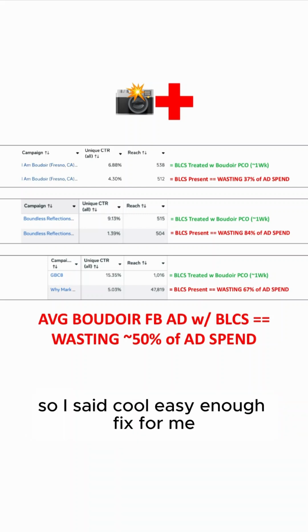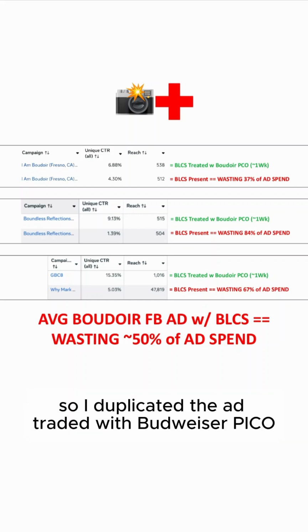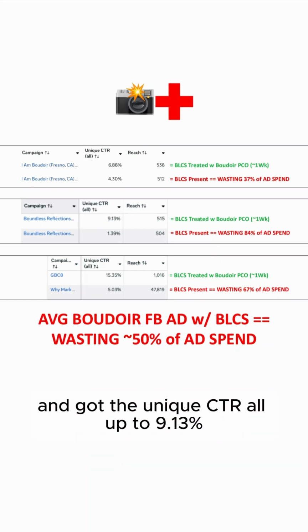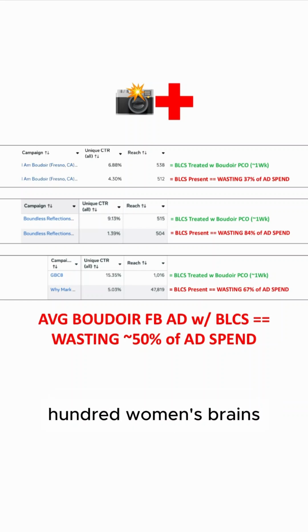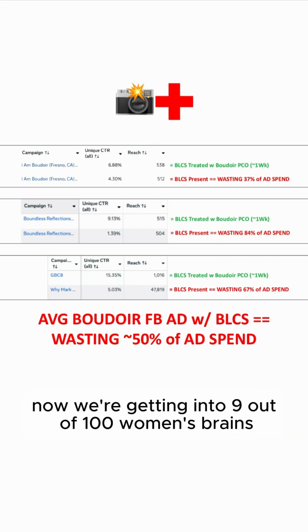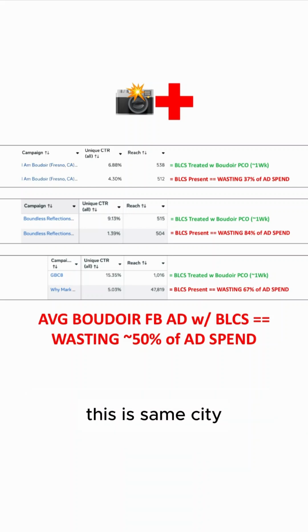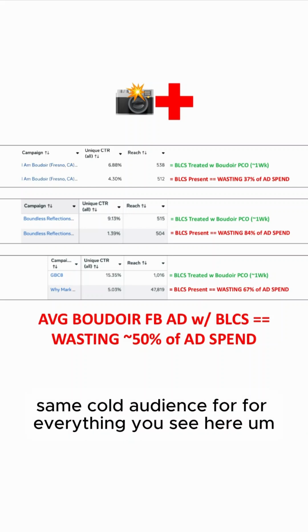I said, cool, easy enough fix for me. So I duplicated the ad, treated it with Boudoir Pico, took about a week, and got the unique CTR up to 9.13%. So basically, instead of their ad getting into 1.5 out of 100 women's brains, now we're getting into 9 out of 100 women's brains. It's the same city, same cold audience for everything you see here.